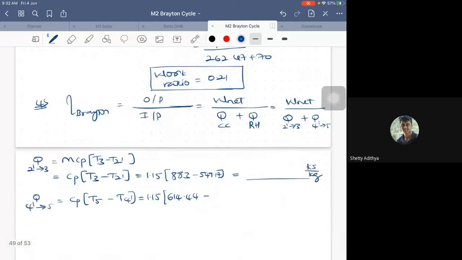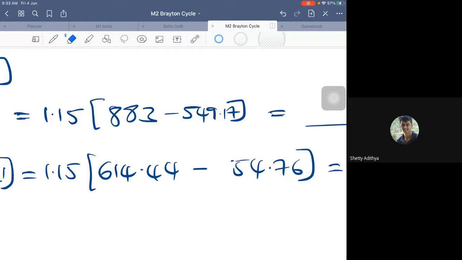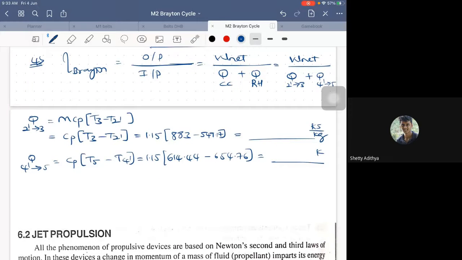T4 dash, have you calculated? 654.76. Give me the value of Q2 dash to 3 and Q4 dash to 5.